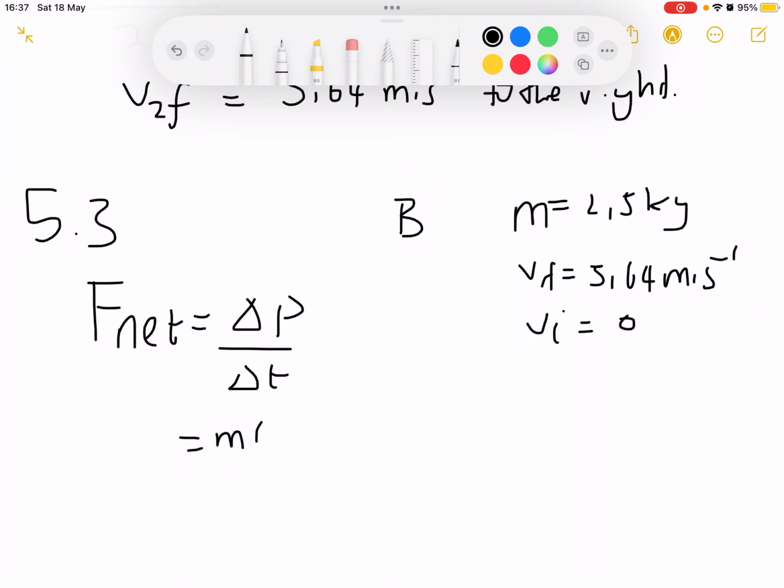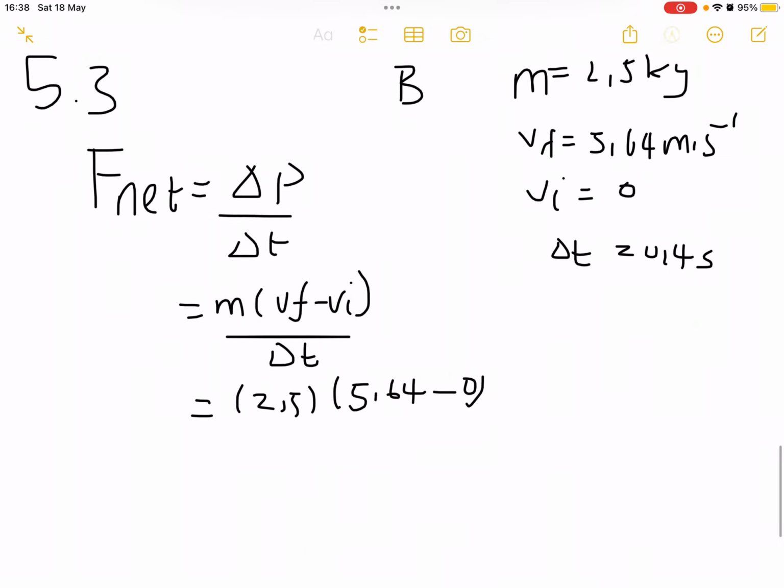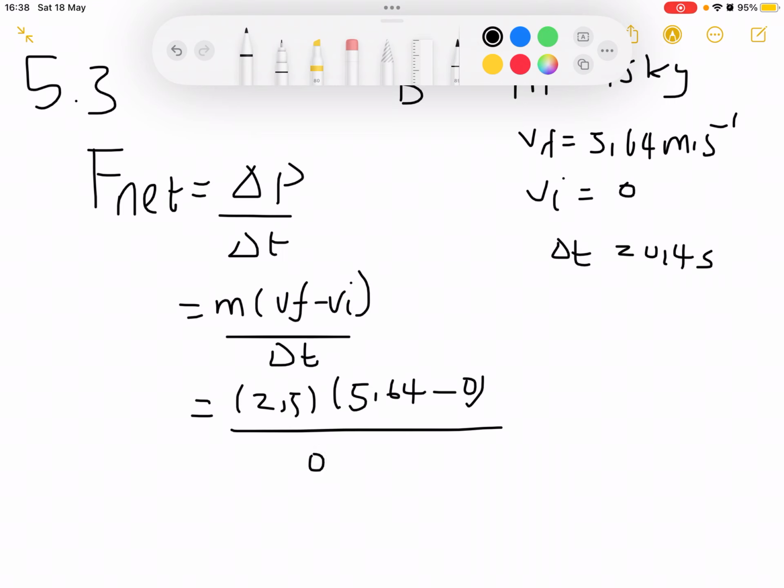So this is mass times V final minus V initial over change in time. The change in time has been given to be what? 0.4 seconds. Then if we substitute, we get 2.5 multiplied by 5.64 minus 0, all divided by 0.4, which then gives us 35.25 newtons to the left.